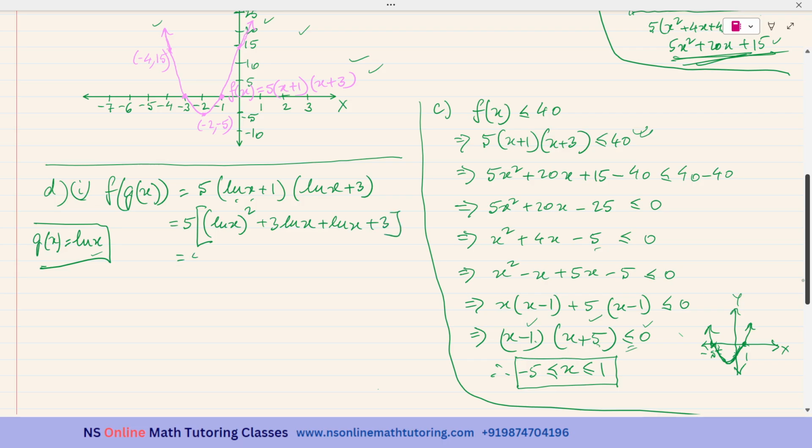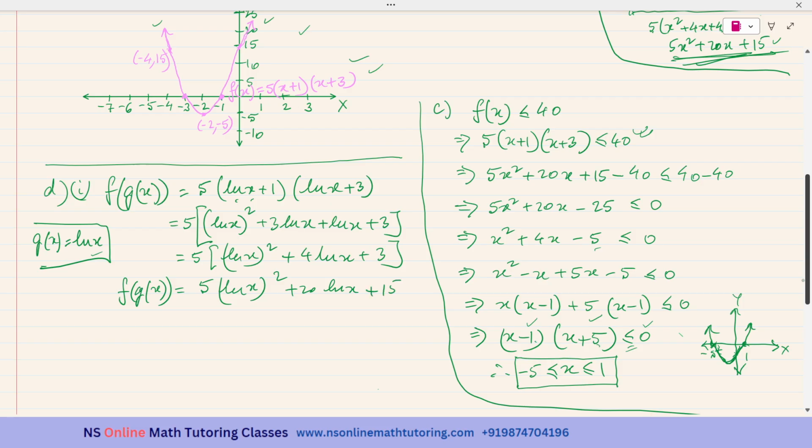Okay, equal to 5 ln of x whole square plus 4 ln of x plus 3, which is equal to 5. This is f of g of x, 5 ln of x whole square plus 20 ln of x plus 15.